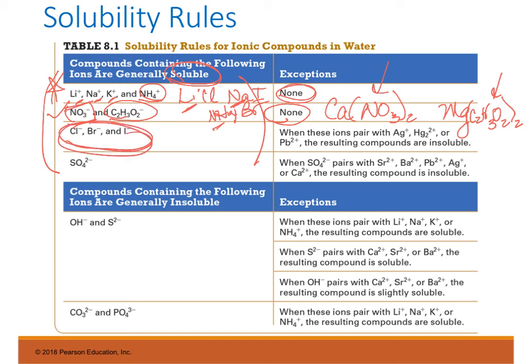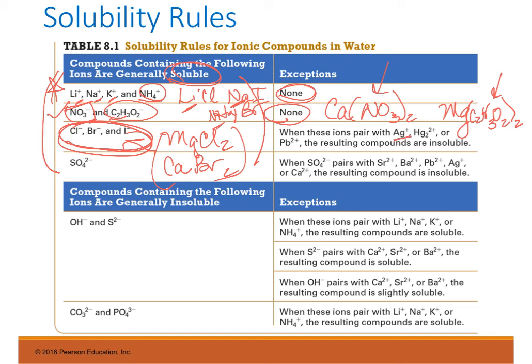All right, so now we get into ones that have some exceptions. If a halide is the anion in an ionic compound, so again, it could be magnesium chloride, calcium bromide, these are soluble. In fact, most halide-containing ionic compounds are soluble, but there are some exceptions.